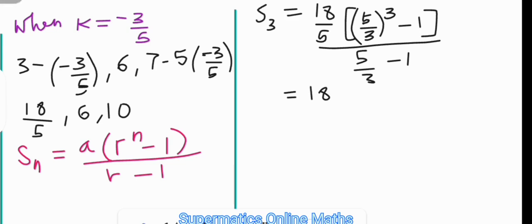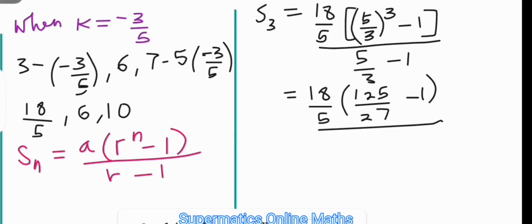This is 18/5 times 125/27 minus 1, divided by 2/3.